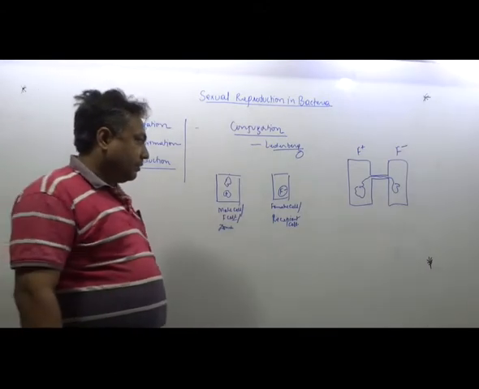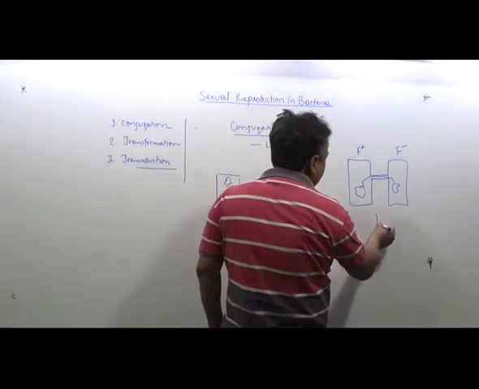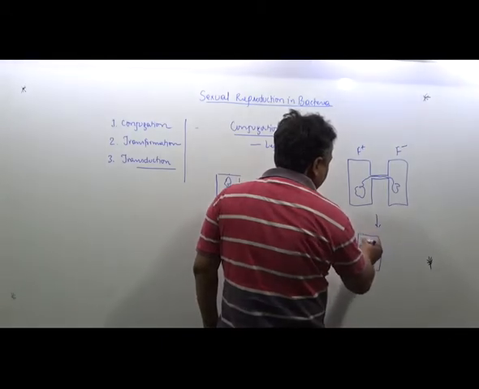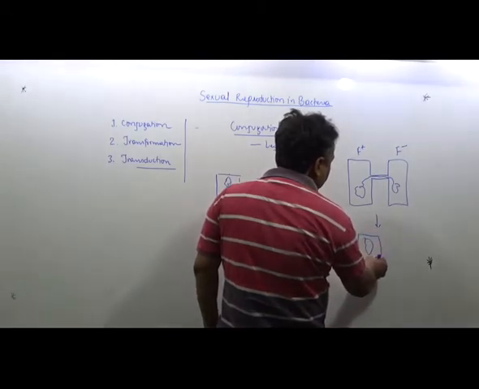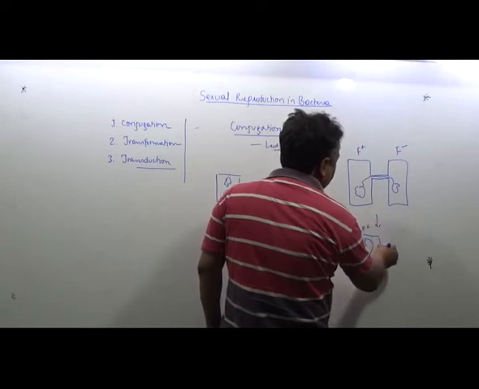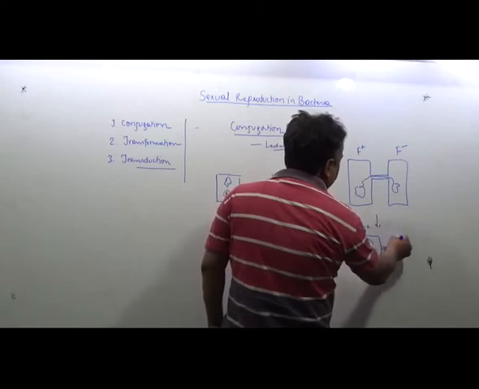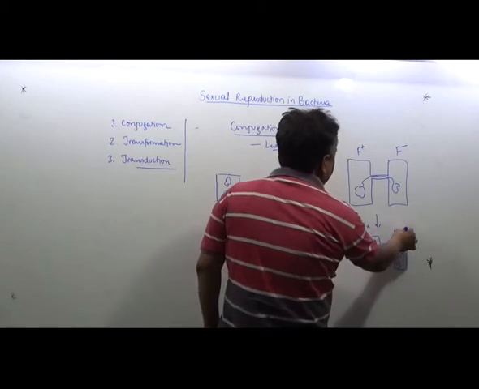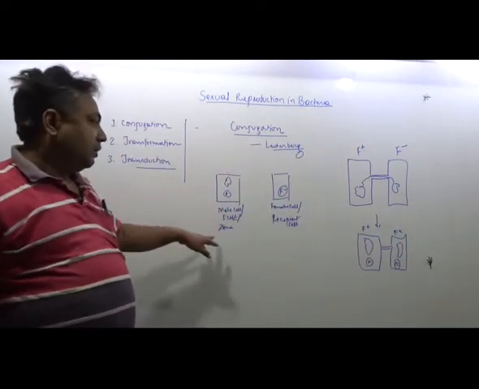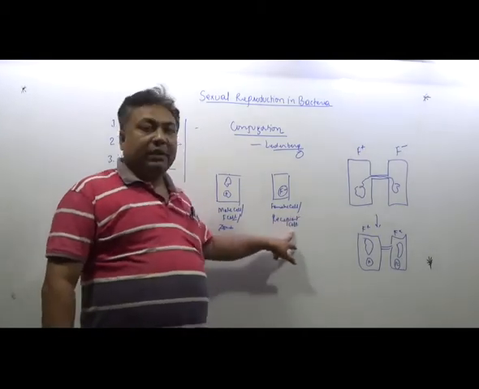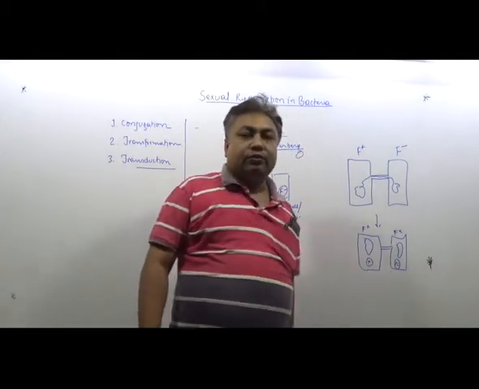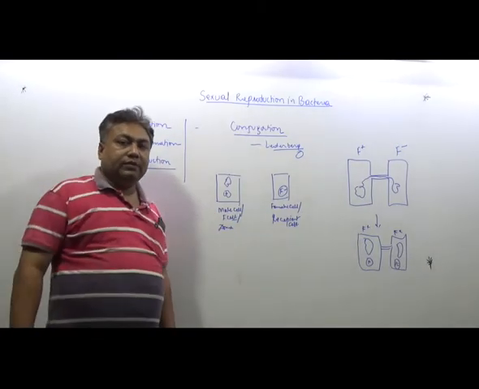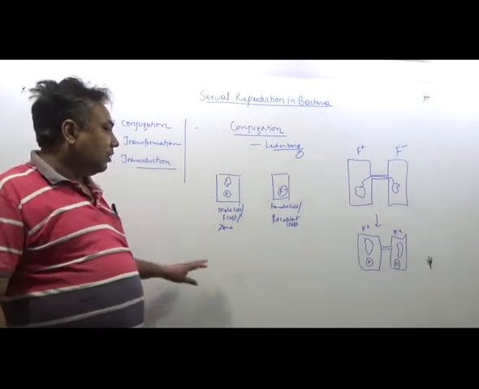As a result, this male cell is F plus and this one also becomes F plus. So in this process, the female cell converts into a male cell or donor cell, from a recipient cell.